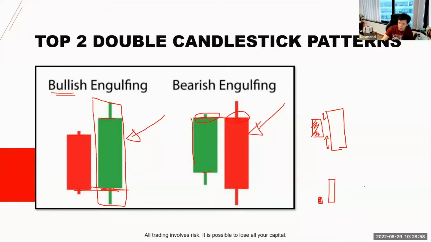Versus I have one candlestick over here, this is a bearish candlestick, and this is a bullish candlestick. Between 1 and 2, you need to ask yourself, which bullish engulfing candle pattern is stronger?